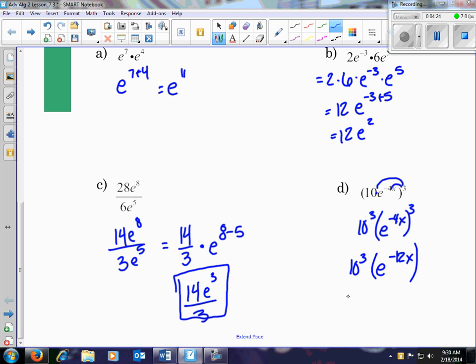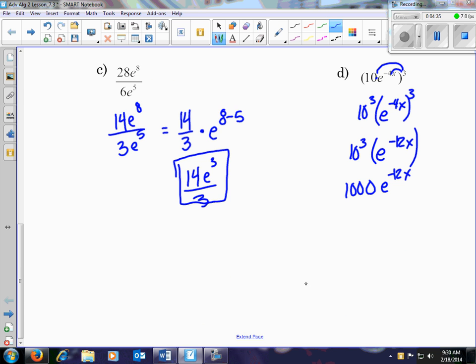Now 10 cubed is 1,000, so I have 1,000 e to the negative 12x. Now my negative is going to move the second portion of my expression down to the bottom. So I'm going to end up with 1,000 divided by e to the 12x. And then you can just leave it like this.